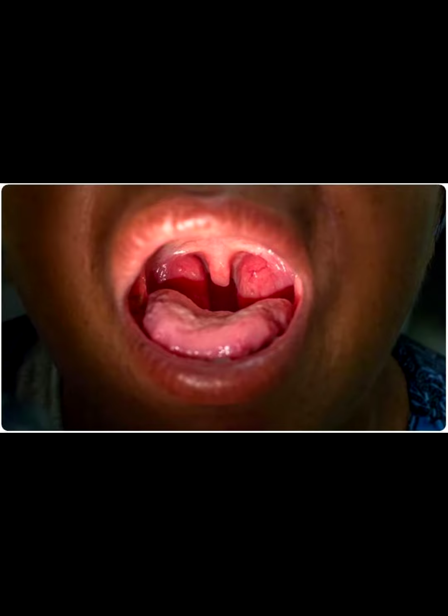What is important to understand is that we are so myopic towards this faucial tonsil that we forget the lingual tonsils, which are at the base of the tongue. This lingual tonsil is also very important because it can have acute lingual tonsillitis, an infection, or it could get hypertrophied, and there could be abscess. It's usually like a progression.